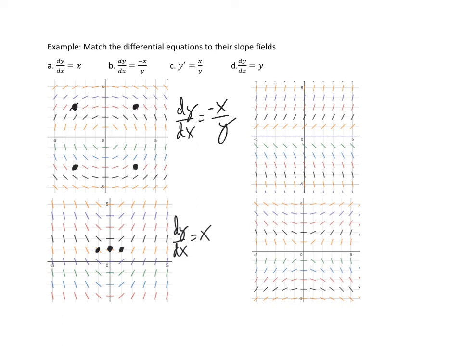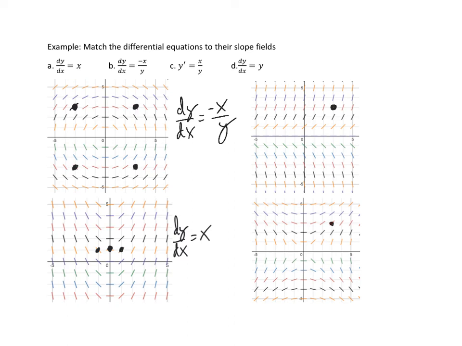Okay, if I look at y prime equals x divided by y, I'm going to take the x-coordinate and divide it by the y-coordinate. So this first one here, let's pick a point. If I pick (3, 3), 3 over 3 would be a slope of 1. That to me looks too steep to be a slope of 1 there.